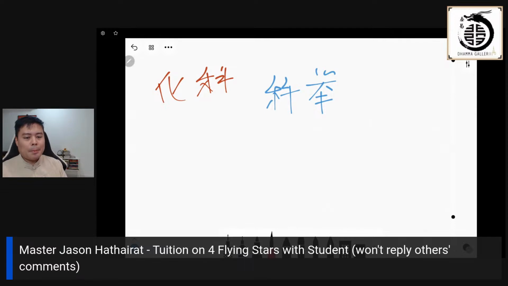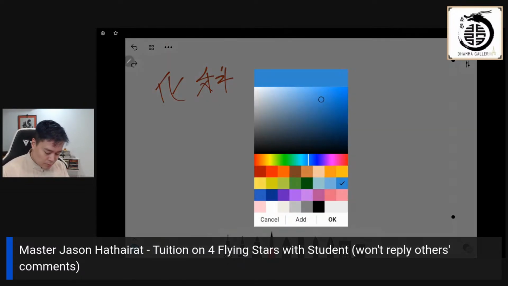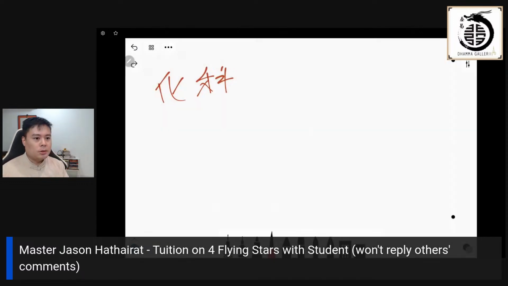It means being highly esteemed by other people, having top ranking status, etc. Perhaps I will start with the elemental energy of Hua Ke first. The elemental energy of Hua Ke actually belongs to wood. It is of the season of spring.